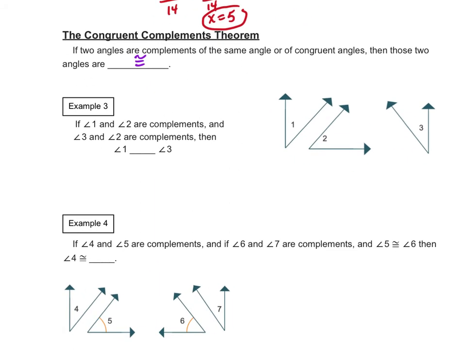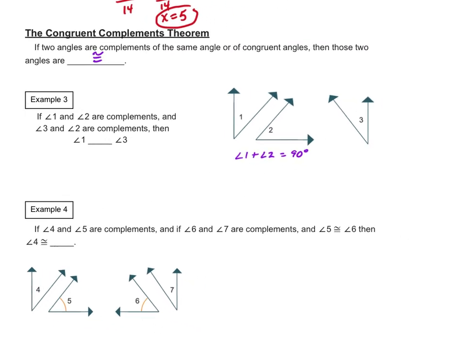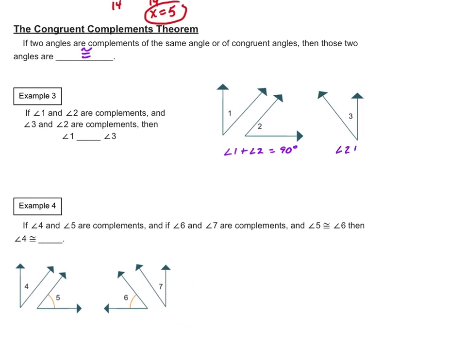It says if angle 1 and 2 are complements, I know angle 1 plus angle 2 equal 90 degrees, and angle 3 and 2 are complements, so I know that angle 2 plus angle 3 equal 90 degrees. Then angle 1 and angle 3, what? I'm going to tell you right now, they're congruent based on my definition up here. But if we do it mathematically, I know angle 1 and angle 2 equal 90, and I know angle 2 and angle 3 equal 90.